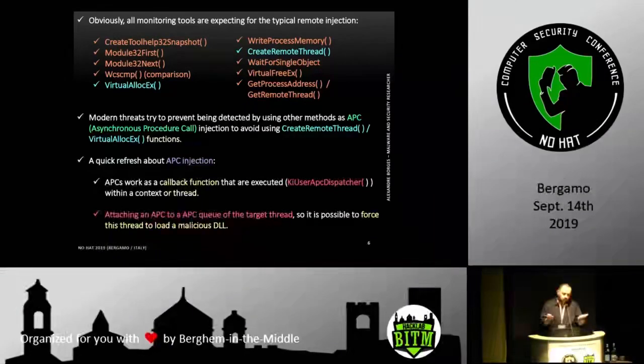The malware attaches an APC from a remote thread. This remote thread is a thread in an alertable state. When this thread wakes up, this code is forced to be loaded and the infection begins.